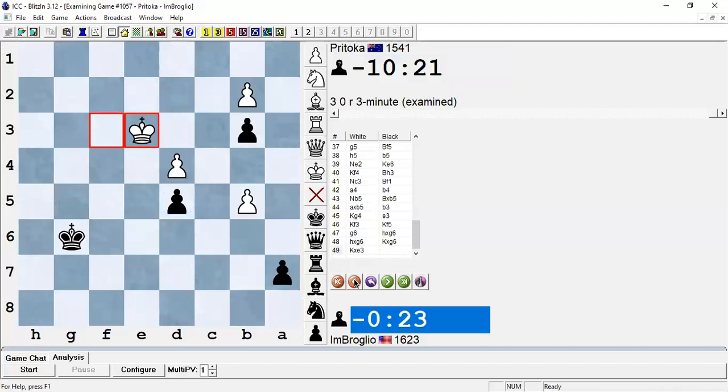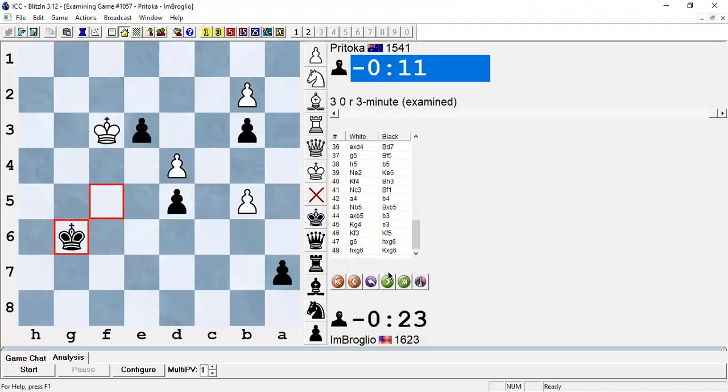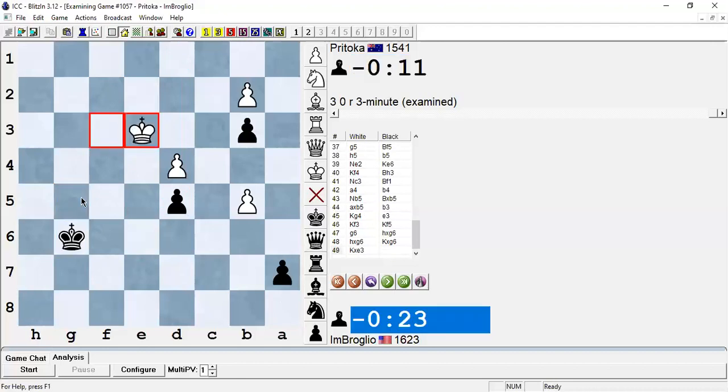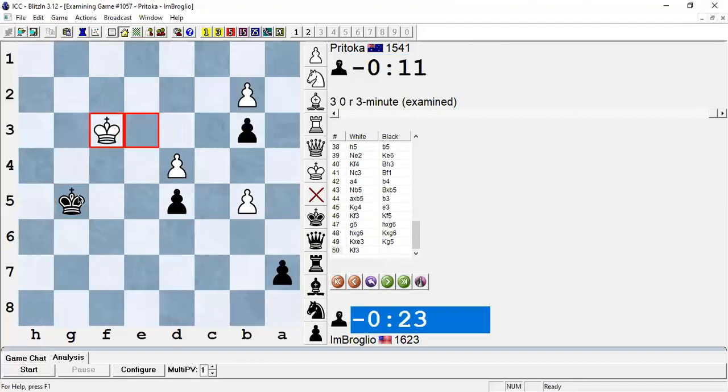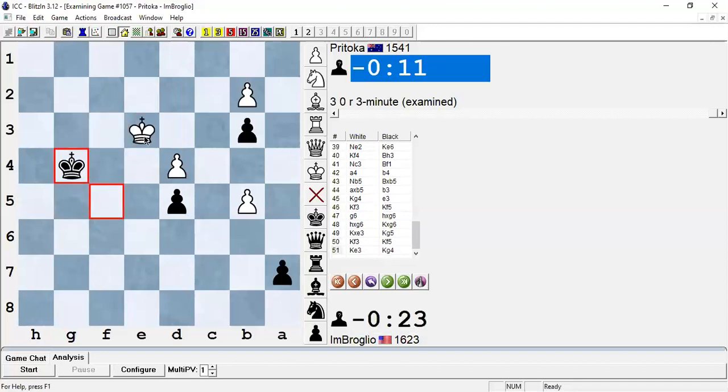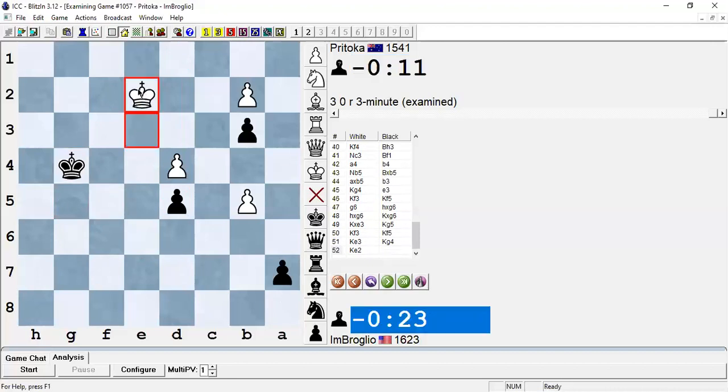Now, let's just go through one variation. Let's just go through a complete variation here. Here, outflank. What do you do? Move there. Now it's white that has the opposition here, the close opposition, but it really does not help much.